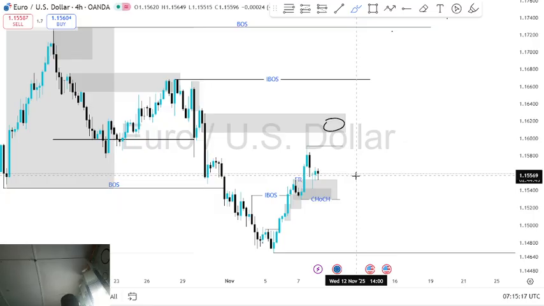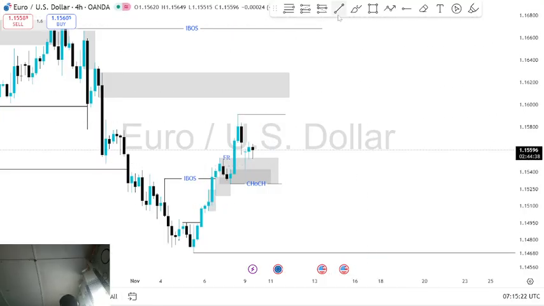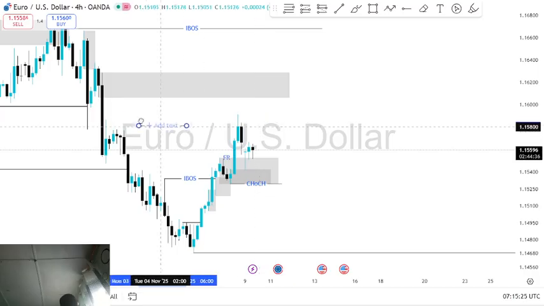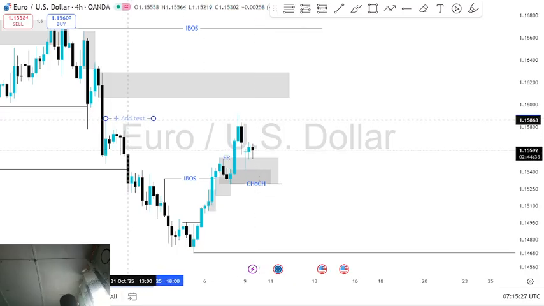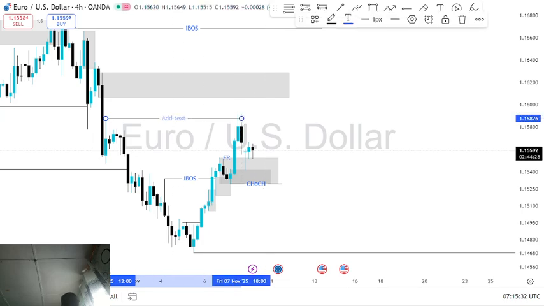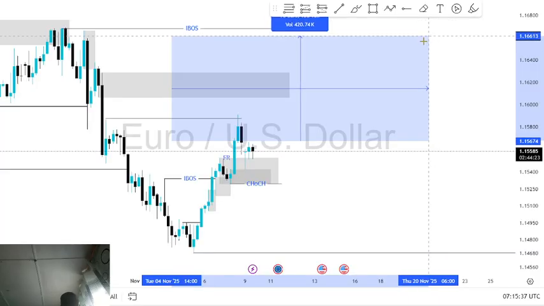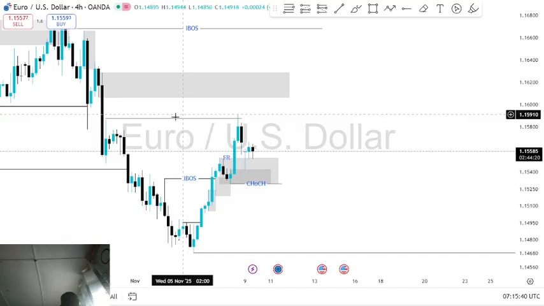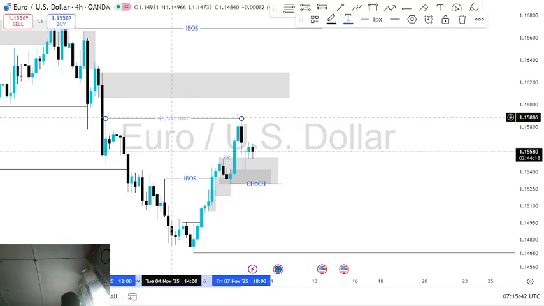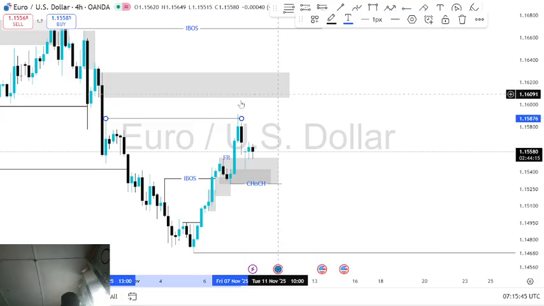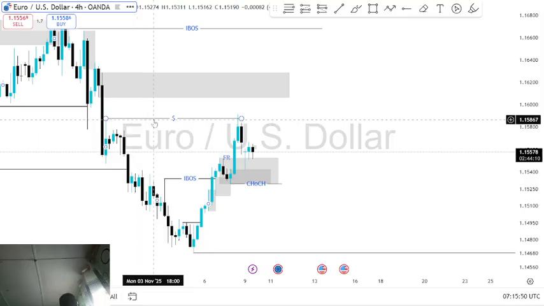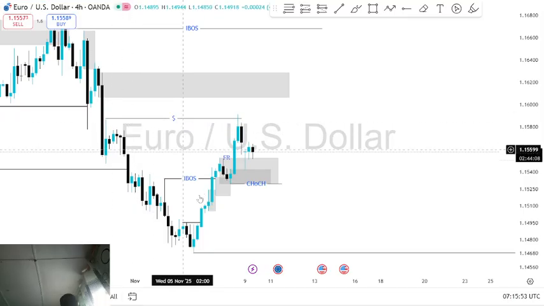But the framework of how we do things is where we have to bring in this thing, because you have this sweep zone here. So here we have a sweep. We have a sweep zone here, right? A sweep zone.